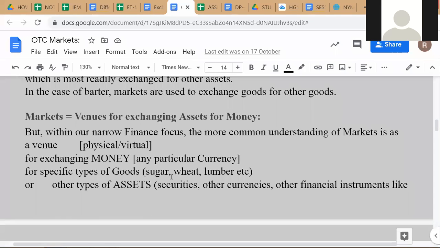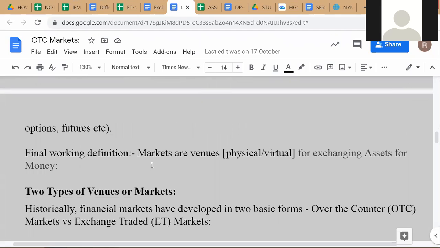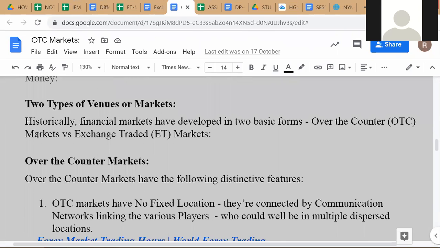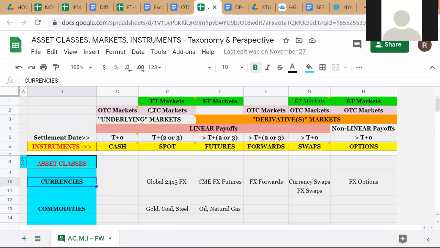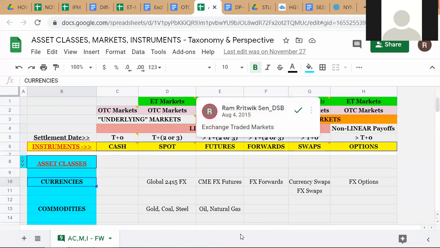So here we are, physical versus virtual. This gives you a very good introduction to understanding the difference between the two types of markets. Historically, we've had two types of markets, and we use these two terms, OTC and ET. That's why in our framework I have a classification for that.